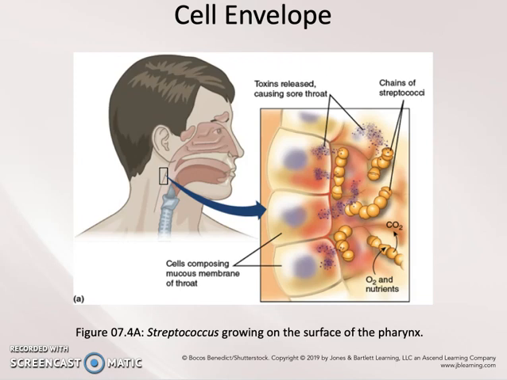So while the bacteria are causing an infection, they are releasing these exotoxins to make the disease in you even worse. This happens with strep throat, particularly when the Streptococcus bacteria grows on the surface of your pharynx or respiratory tract. By using antibiotics to kill these cells, you would be stopping this process.